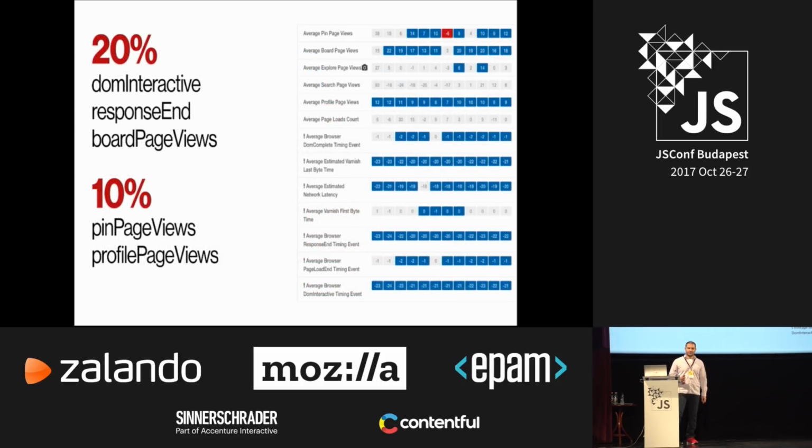So Pinterest profiles were the first user-heavy page that we successfully migrated to React. During the React migration, we saw consistent performance and engagement improvements. For example, metrics like DOM interactive or board page views were up by as much as 20%. And we got this 20% just from changing the gears and infrastructure without actually changing the UI at all.